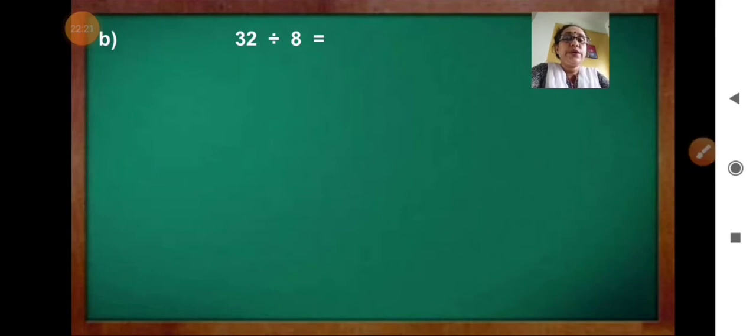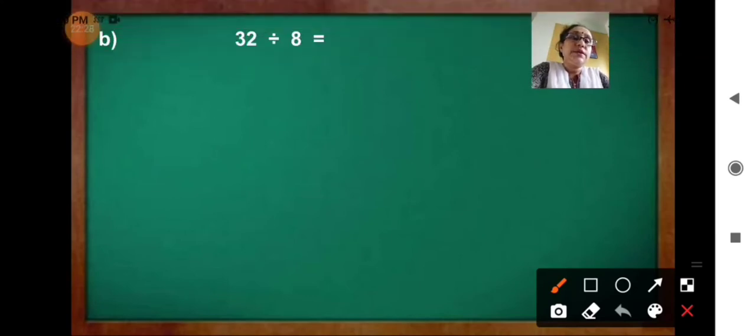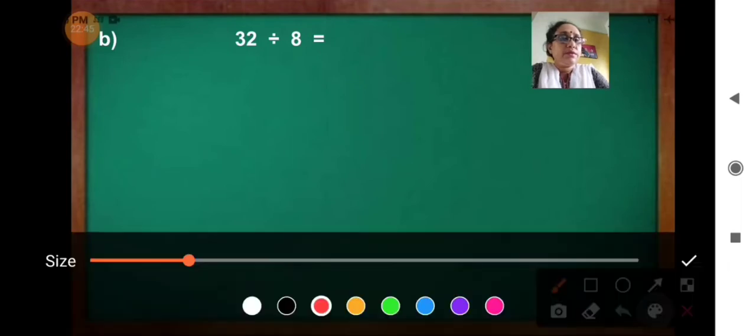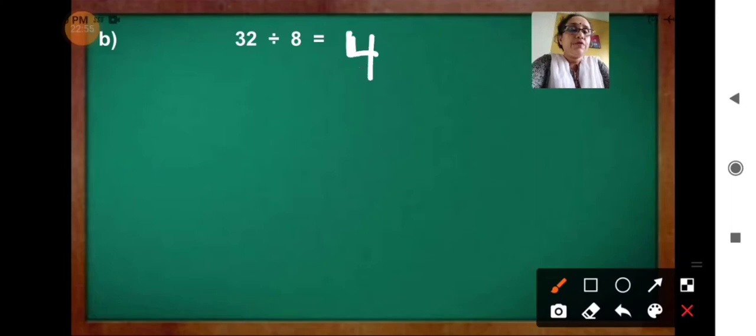Now next one, B. 32 divided by 8. You have to say the tables. Say the tables of 8. What we will write here? We will write here 4. We will write 4 here.